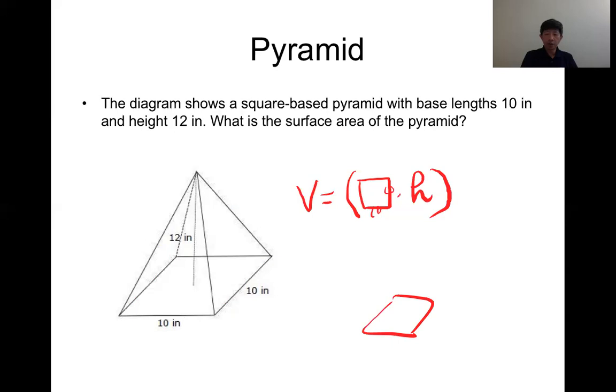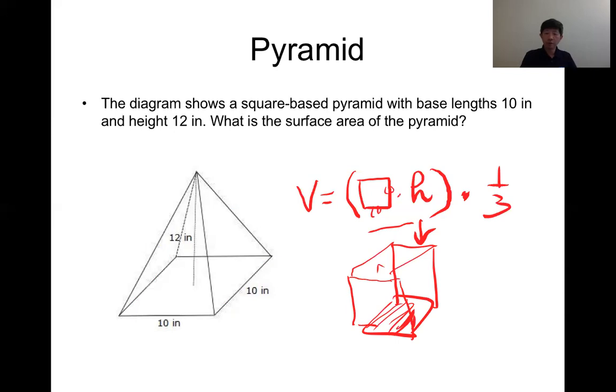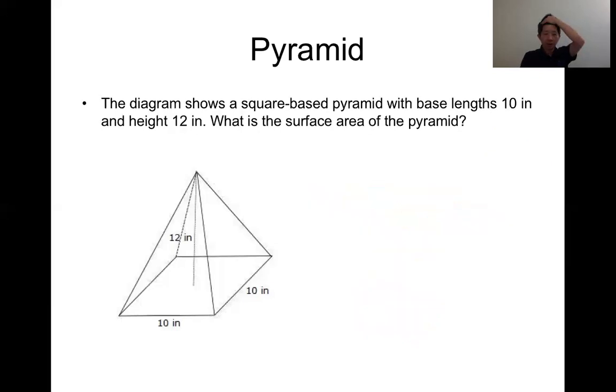It's a rectangular prism, right? And the pyramid is just 1/3 of a rectangular prism. So that's why we times 1/3, right? So that is how we find the formula by reasoning.